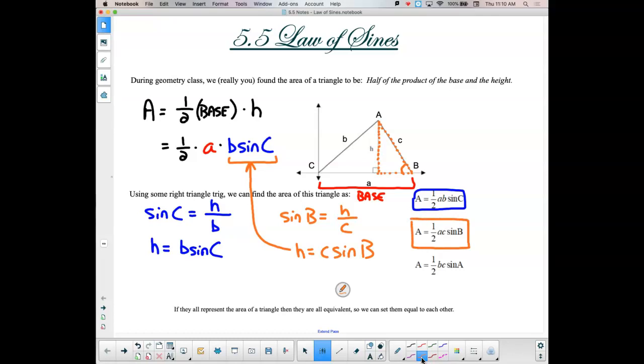I'd have to redraw my height to get the other one, but the pattern would still flow. So all three of those represent the area of that one triangle. Since the triangle didn't change, they're all equivalent, so we can set them equal to each other.